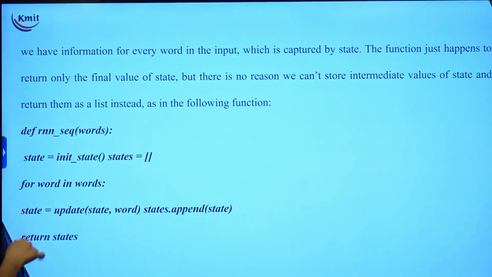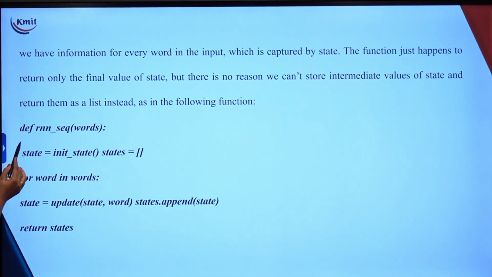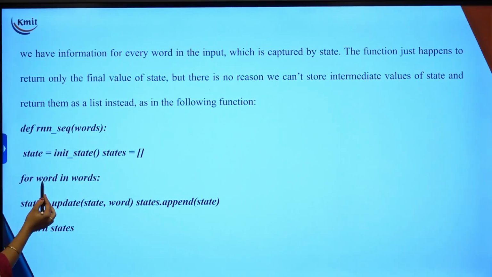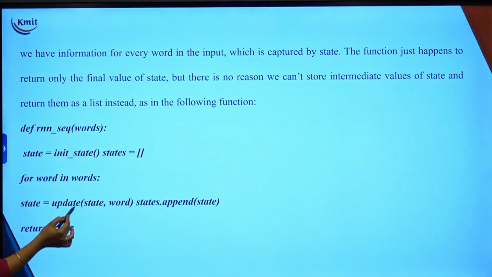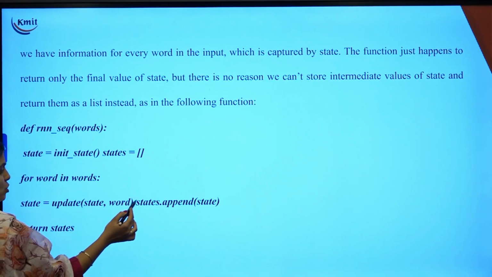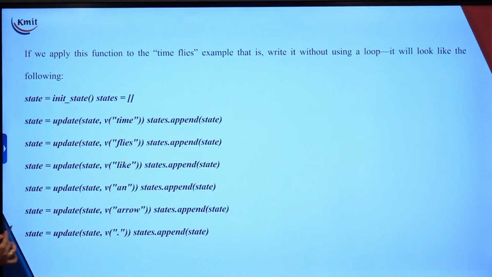So we modify the architecture or code, as you can see: define RNN sequence of words. We define the initial state. For word in words, I update the state and append it to the list of states, so that I get the output for the corresponding word. Now, if we apply the function to the "time flies like an arrow" example, write it without using a loop.